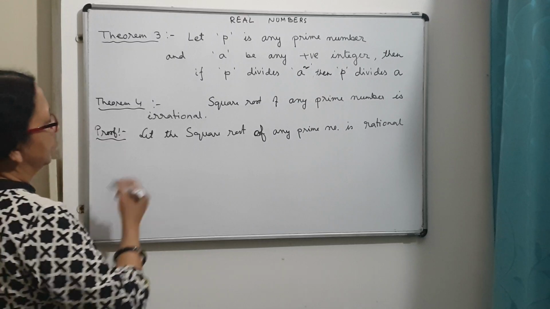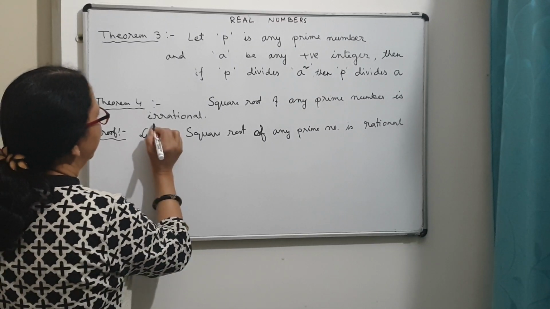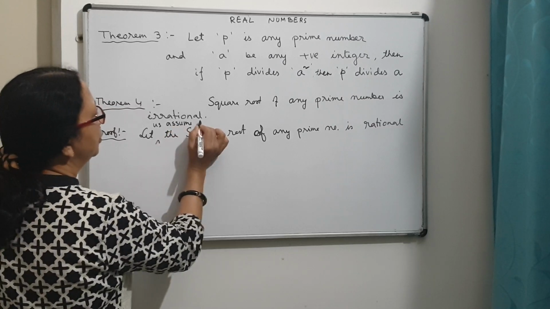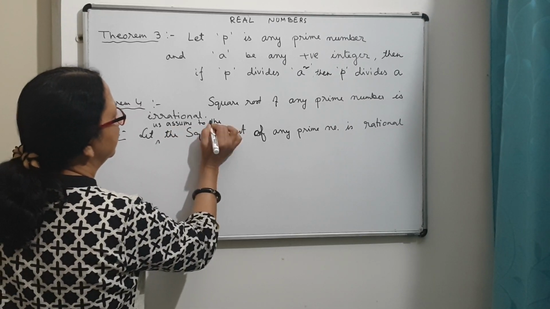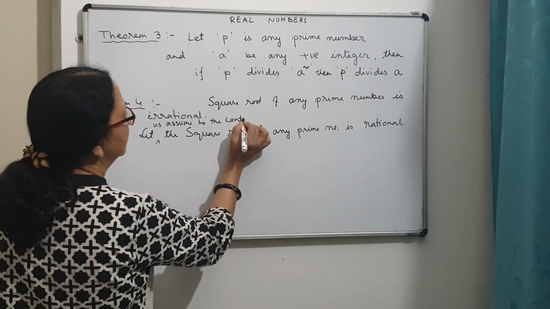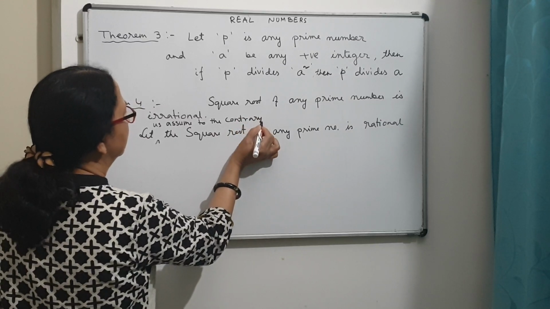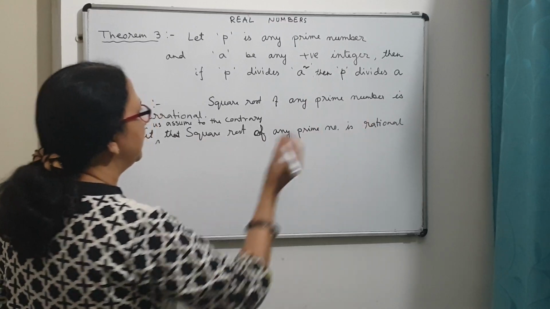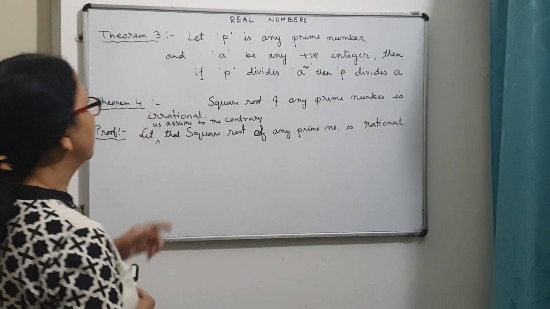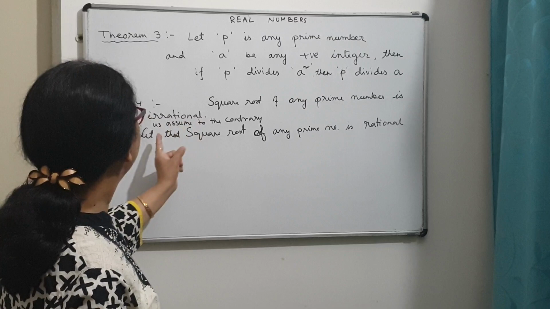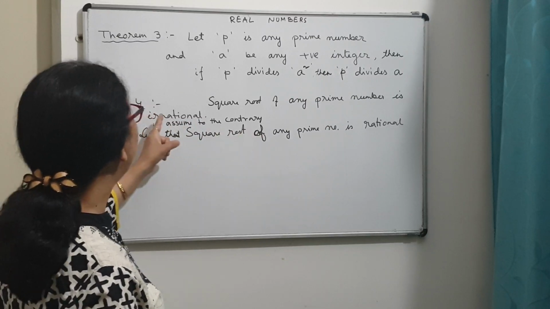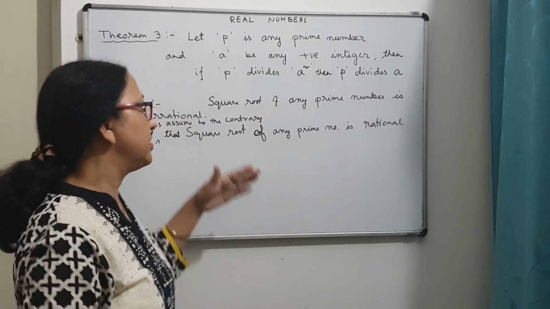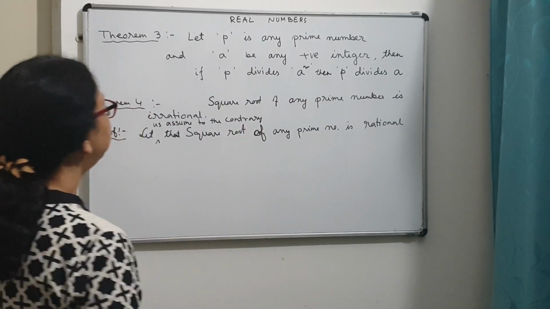Or actually we write, let us assume to the contrary that the square root of any prime number is rational. So we are assuming the opposite of what is asked to prove. In the method of contradiction, we always start with this assumption, the opposite thing.